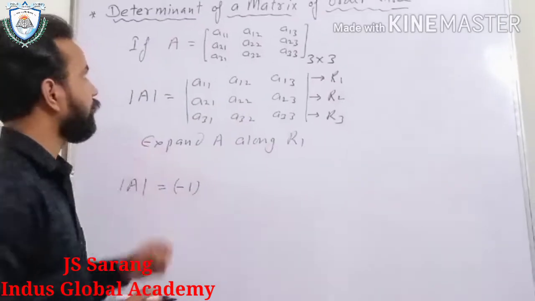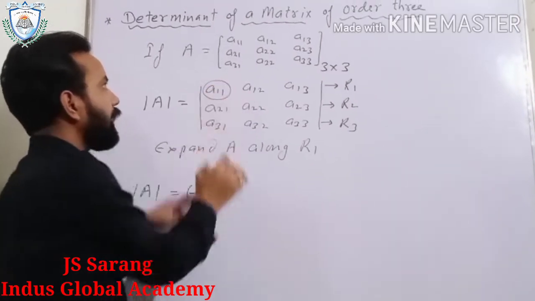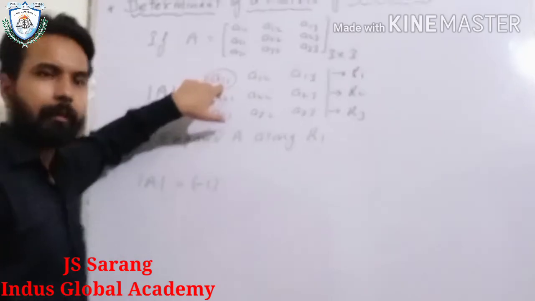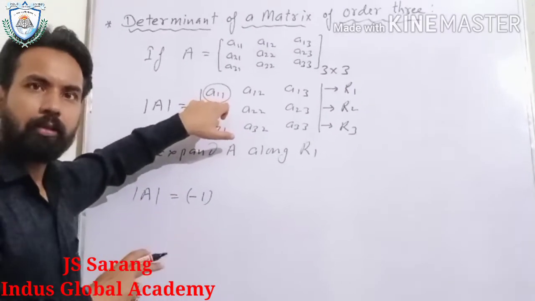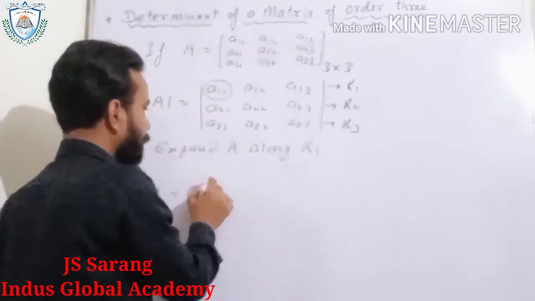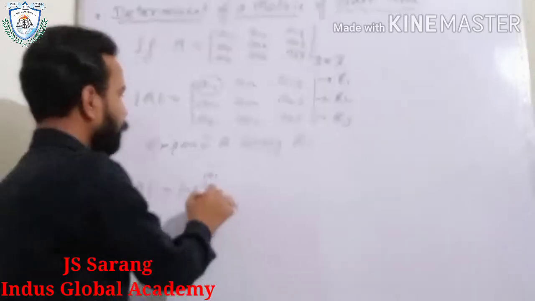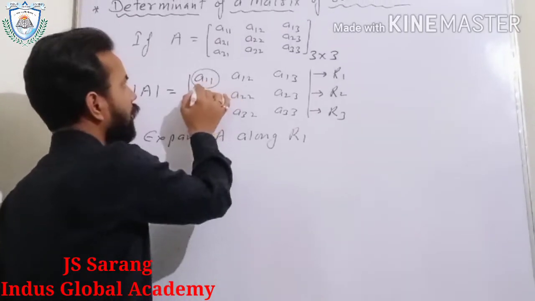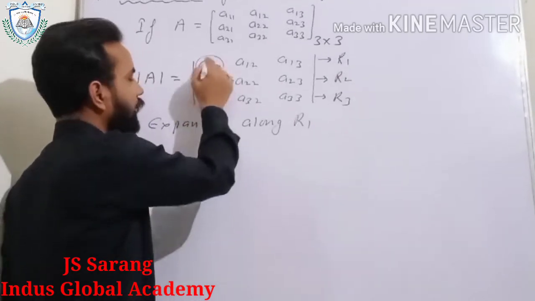The power of minus 1 will be the sum of the numbers which are present in the suffix of the very first element. What is A11? So 1 and 1 are the numbers in the suffix of this element. So we have to write here the sum 1 plus 1, into the very first element of row 1. The very first element of row 1 is A11.